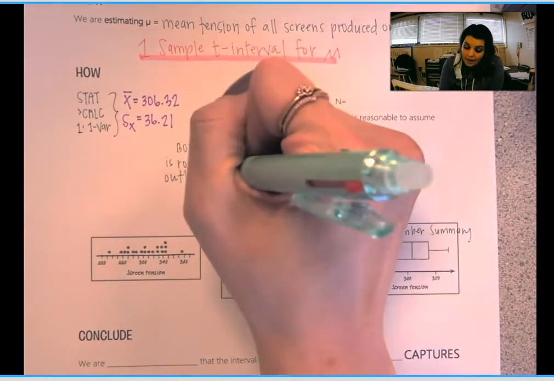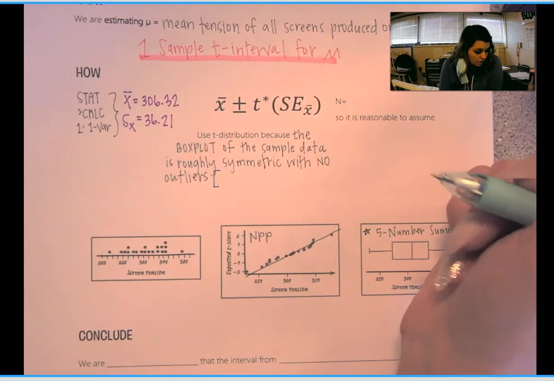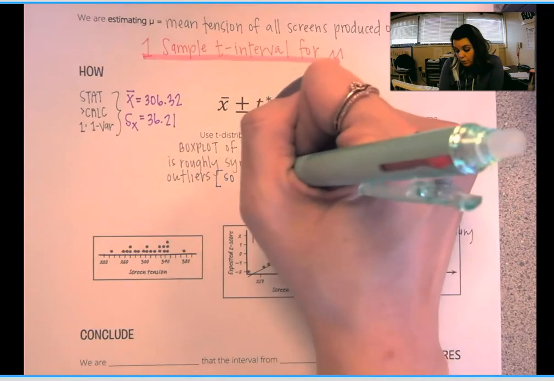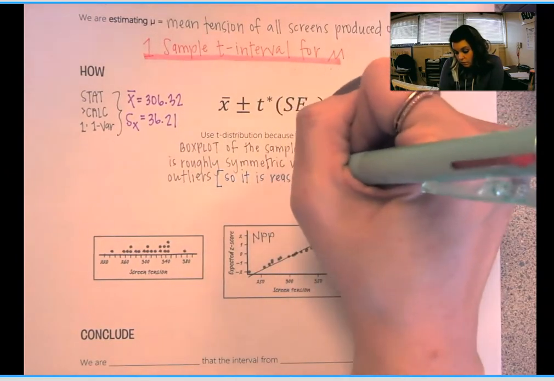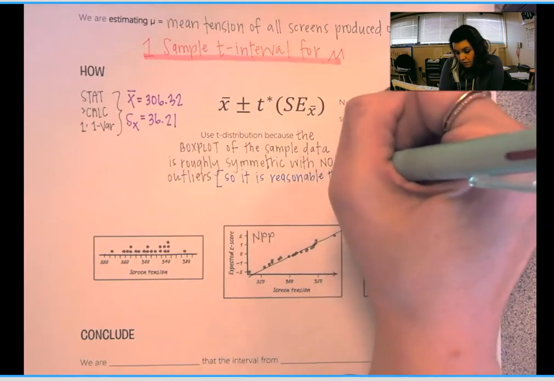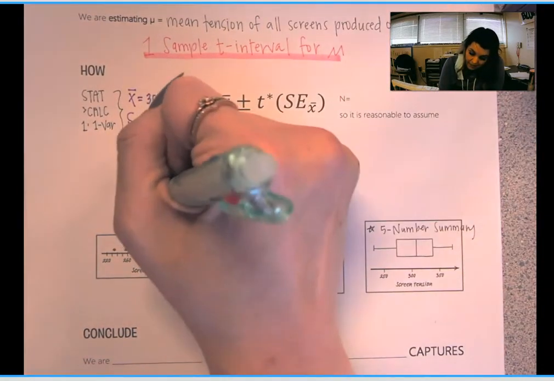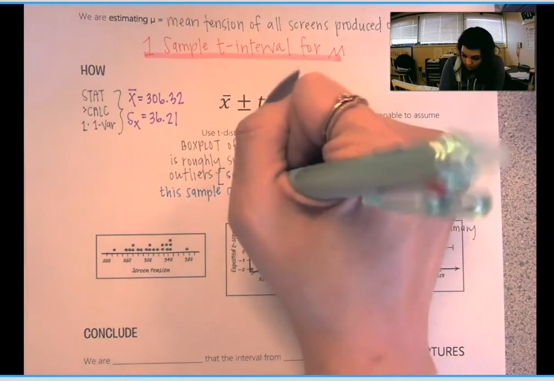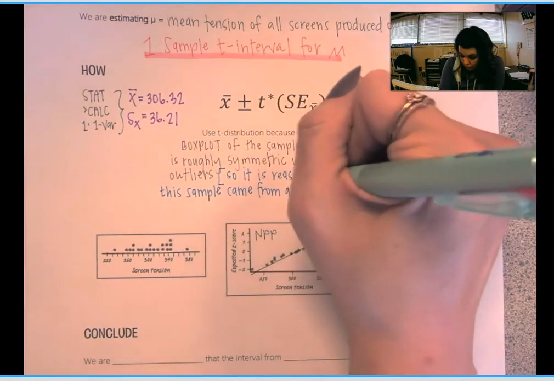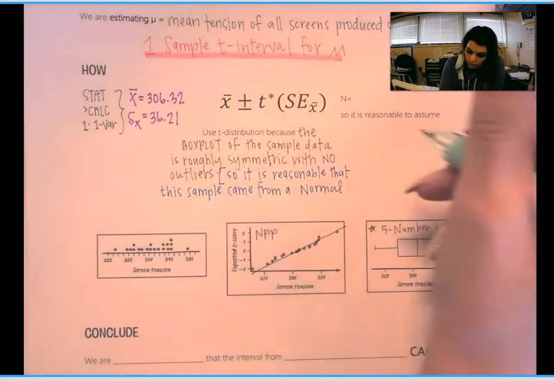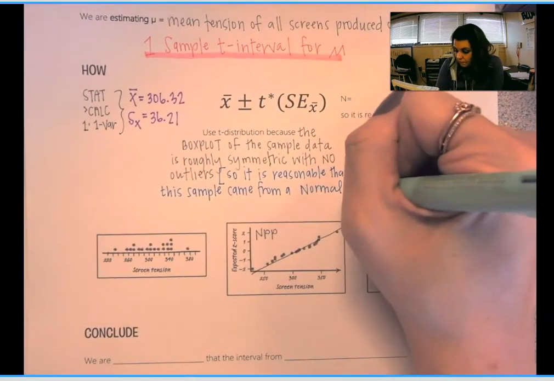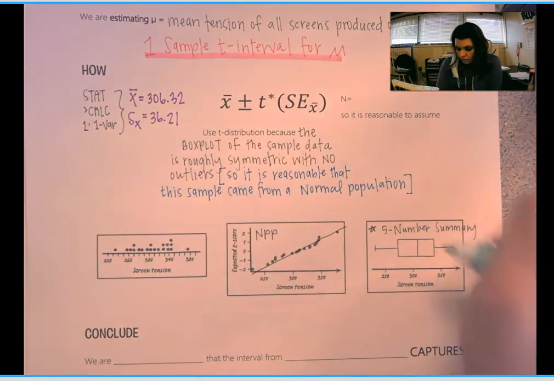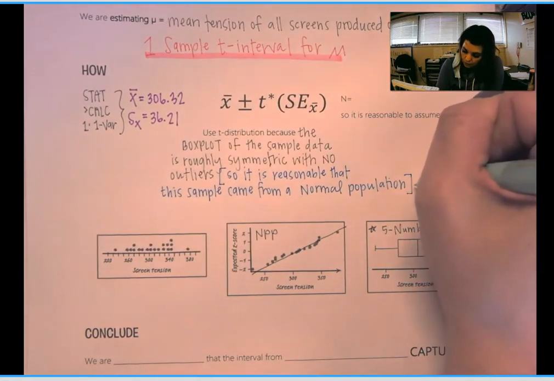Well, the reason why is so we can say it is reasonable that this sample came from a normal population. Pause if you need to finish this one.